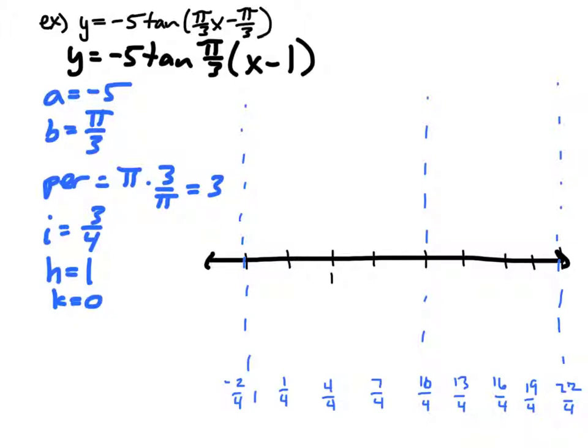Okay, as soon as I switch pen colors, though, it's not going to let me erase. But let's go ahead and just reduce those. So that's negative 1/2, 1/4, 7/4, 5/2, just reducing these things. 13/4, 8/2 is 4, or just 16/4 is 4. That's easy. 19/4 and 11/2.